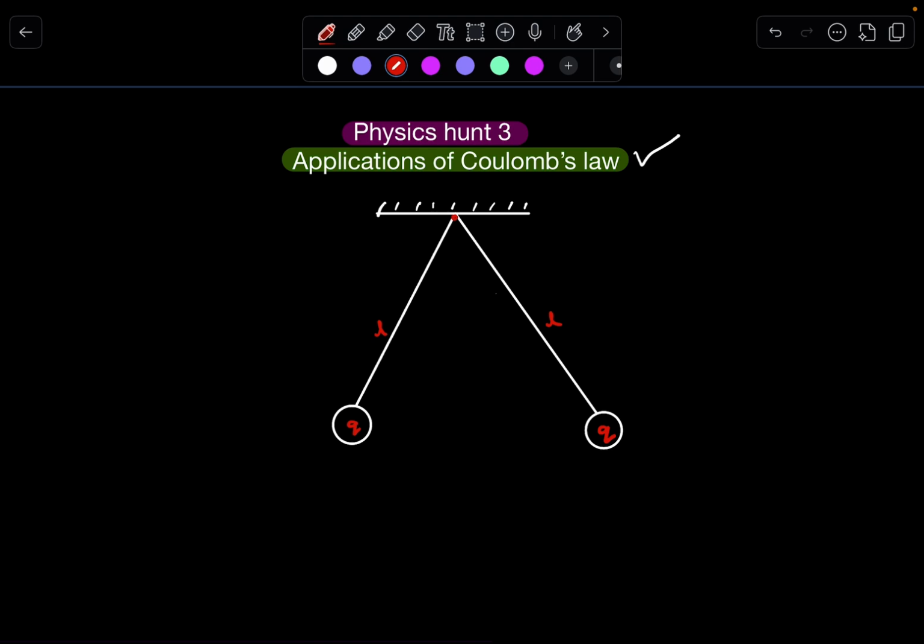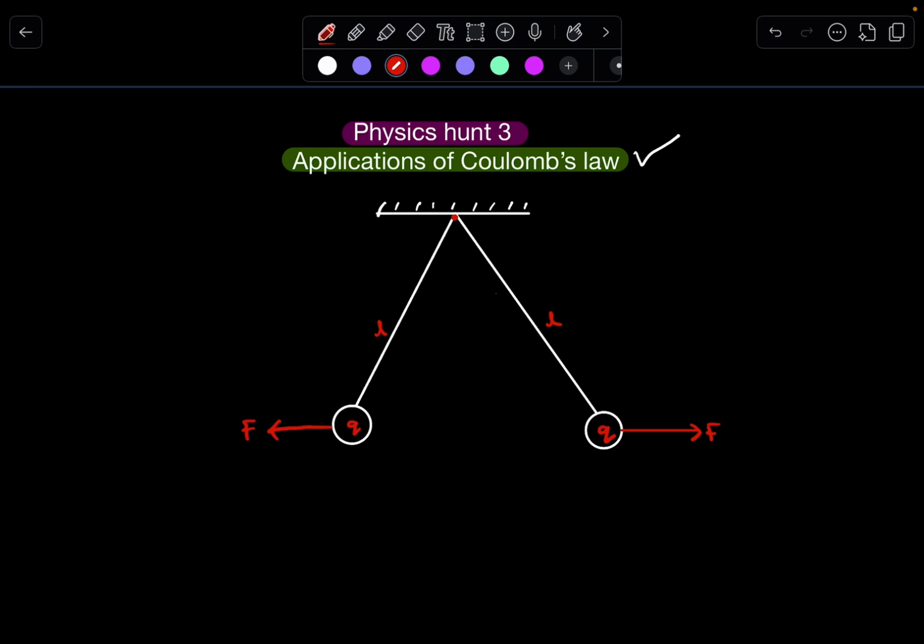Whenever two charges are the same, definitely these two charges repel each other with some force. One force is acting in this direction and the other force is acting to the right side. But each and every charge has some mass, right?